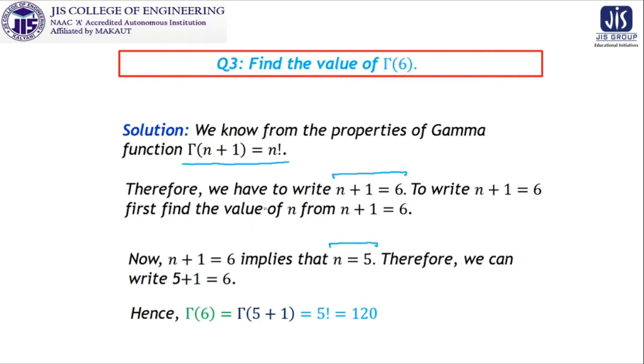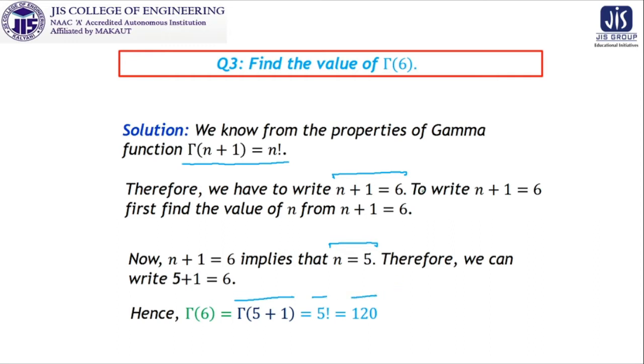So we can write gamma 6 is equal to gamma 5 plus 1, and it is comparable with the gamma n plus 1 structure, and gamma n plus 1 is equal to n factorial. So gamma 5 plus 1 will be 5 factorial, and 5 factorial is 120.